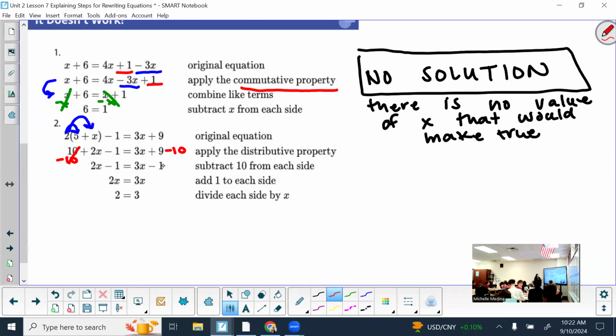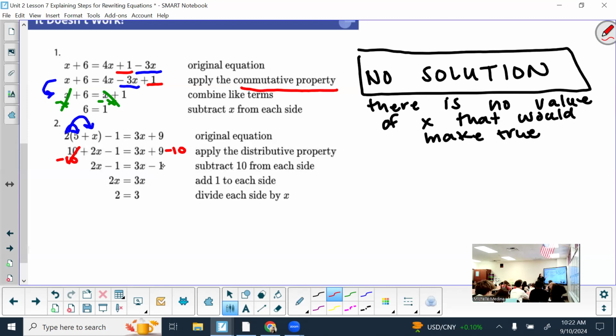Class, do we see a mistake from here to here? What would you recommend they do? Okay. From this step, I would recommend move the variable first.